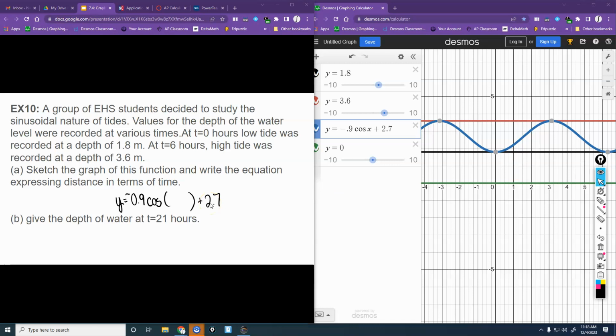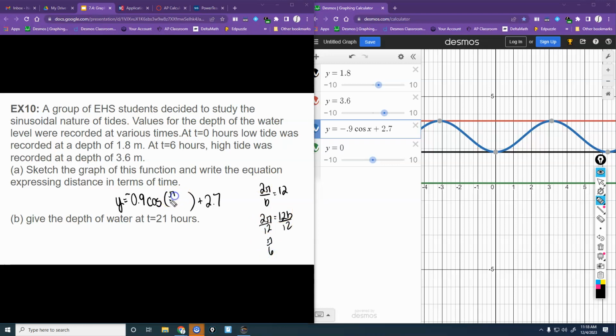If it took 6 hours to go from low tide to high tide, how long will it take you to make a full rotation back to low tide again? 12, right? So we want this to be 12. So if we do 2 pi divided by b equals 12, that's 2 pi equals 12b, divided by 12, we're going to get pi over 6.